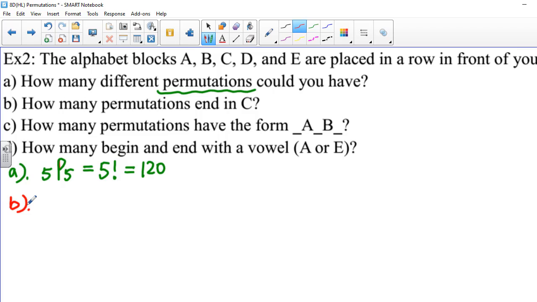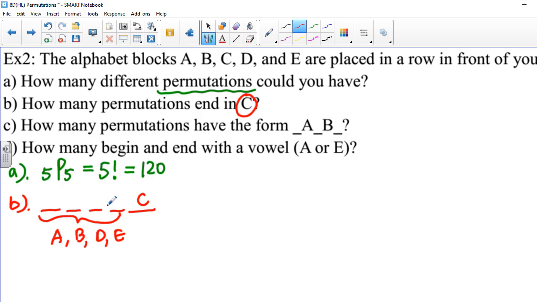Let's look at B. How many permutations end in C? This is a restriction in the permutations. We do have permutations with restrictions. In this case, using the lines to help you visualize the problem is a good way. In 5 steps, the last one has to end in C, which means I only need A, B, D, E, those 4 letters, to fill up the first 4 lines, the first 4 steps.